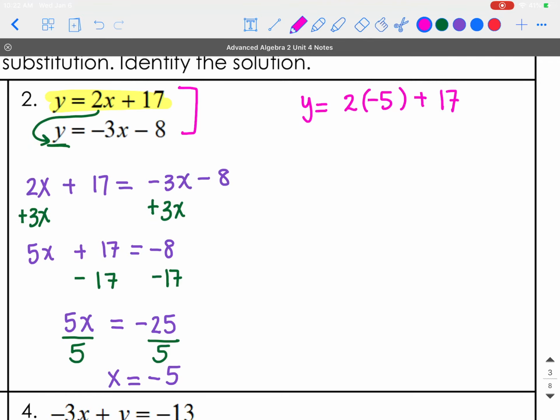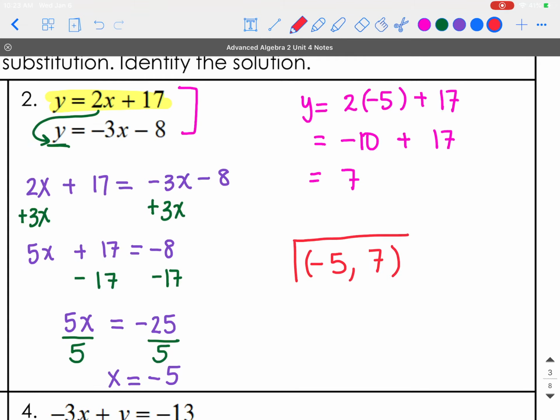So I'm going to substitute it in. Negative 10 plus 17 is 7. So my x is negative 5, my y is 7, and that's the solution.